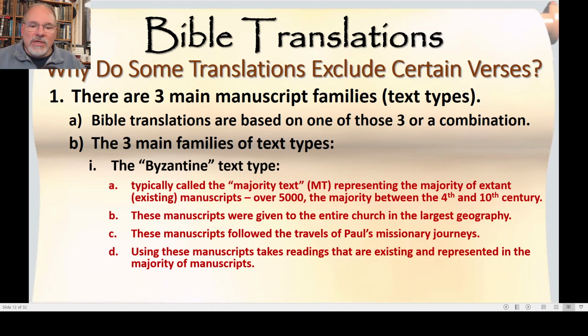What you have to do is take all that you have and put it into a text. In other words, you're basically taking the readings that you want to make a Greek, and it's not a translation, it's a text. So with the majority, what they do is they go through and take out of all the existing manuscripts the majority reading.